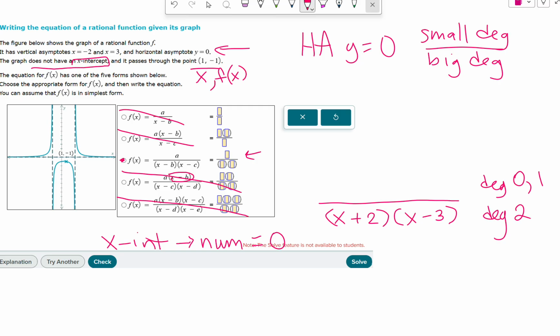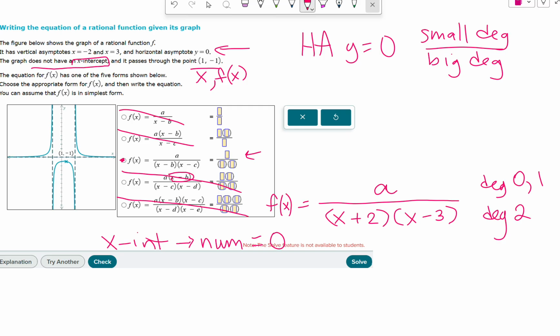Okay, so I do have to set up a little equation and solve it. So I'm going to put that, this is a, and this is f of x, right? I'm just filling out the rest of the stuff I know. Now notice I do know the 2 and the -3 there on the bottom. I just don't know the a, and I'm going to plug in my point and solve for the a.